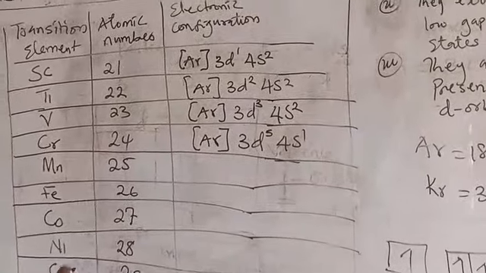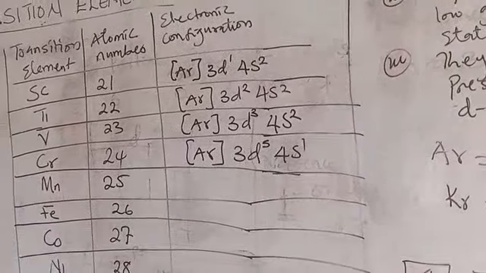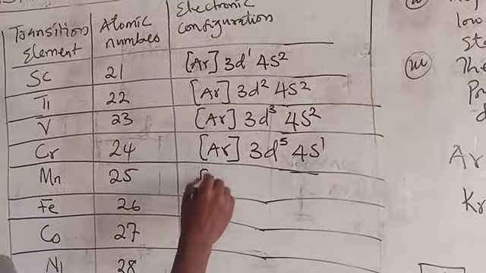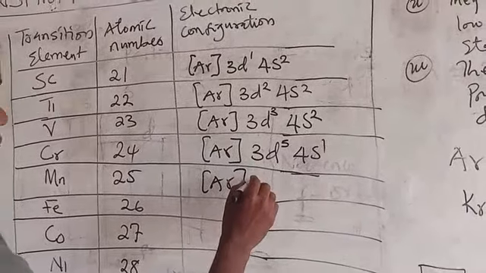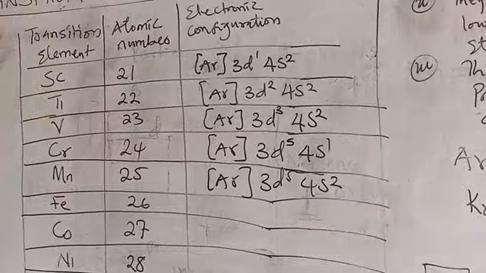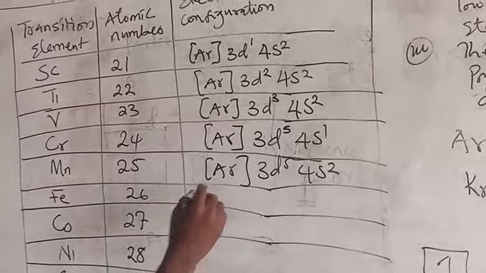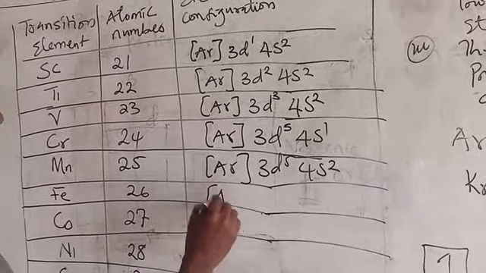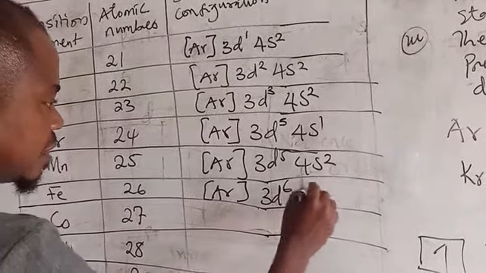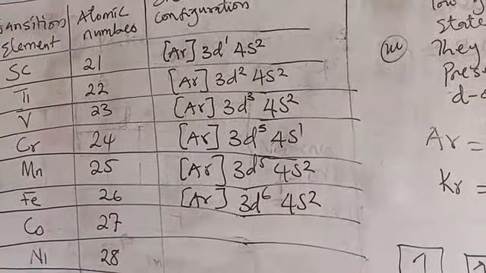Now our manganese, 25. Manganese 25 will go with the argon core, 3d5, 4s2. We have iron, we'll go with the argon core, 3d6, 4s2.